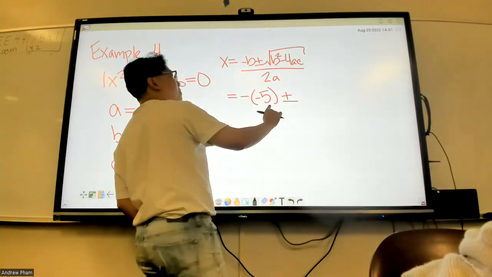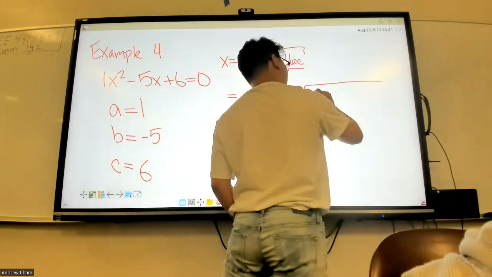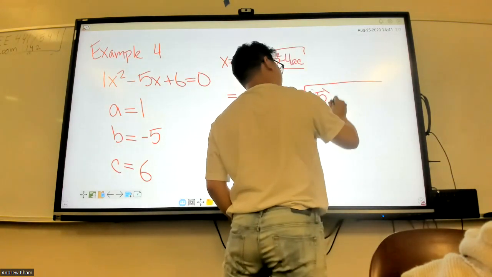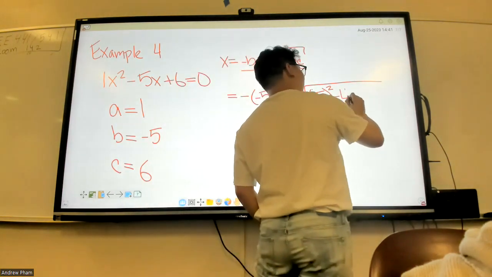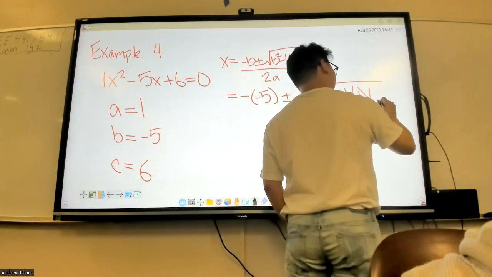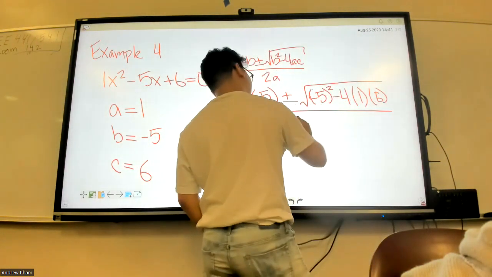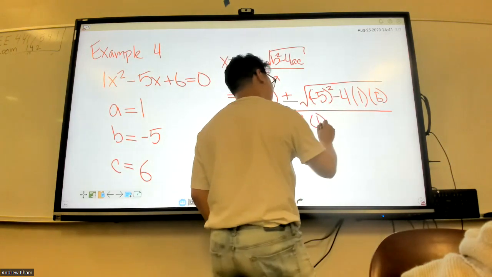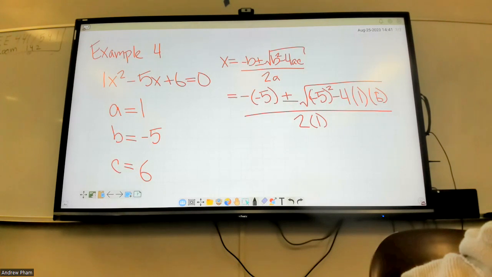So this is negative B plus or minus the square root of B squared minus 4 times, what's A again? What's C? All over 2 times A. So this is me very directly saying plug in A, plug in B, plug in C.